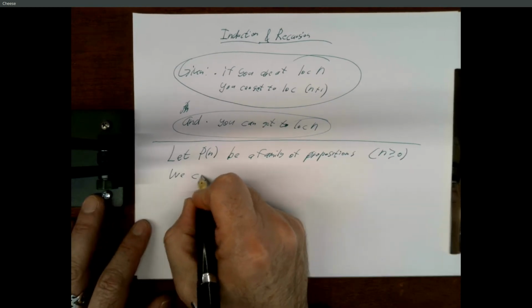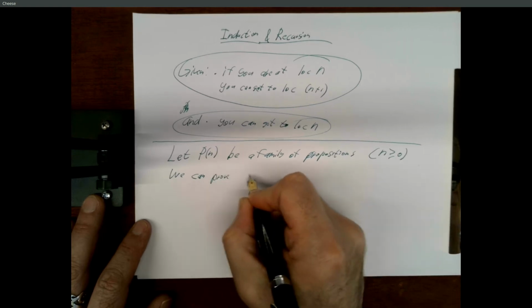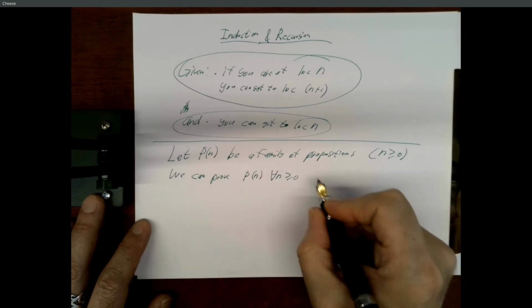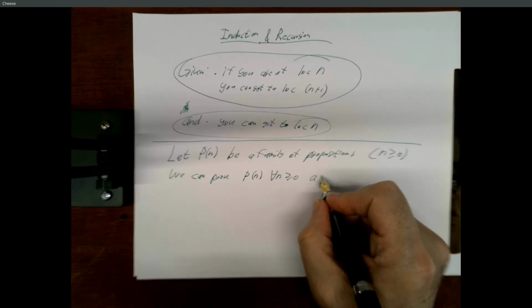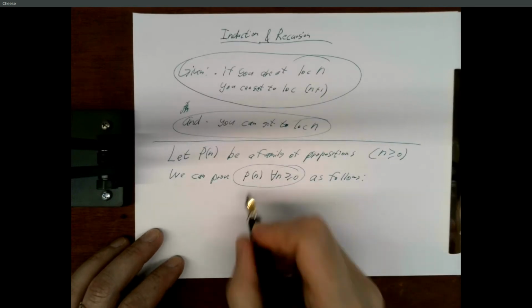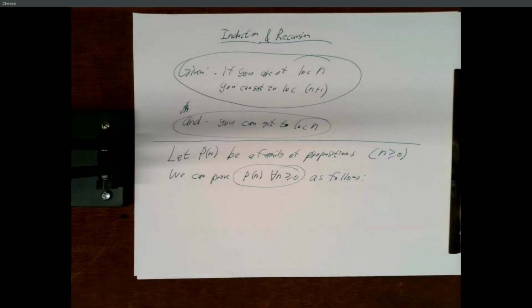So we can prove P of n for all n bigger than or equal to 0 as follows. Okay, this is a powerful statement. This says this proposition is always true. It's true for n equals 0, 1, 2, 10, 50, 5,000, 10 million, and 6. This is saying P of n is true for all n bigger than or equal to 0. Wow, that's a lot of n's. That's a lot of propositions that we're saying are true.